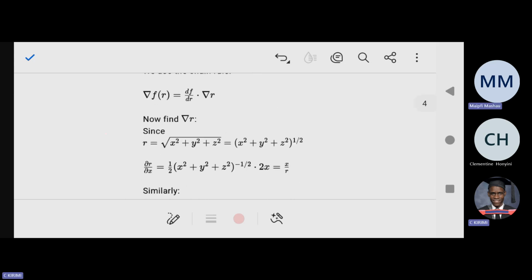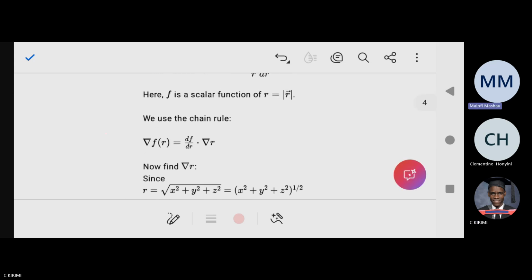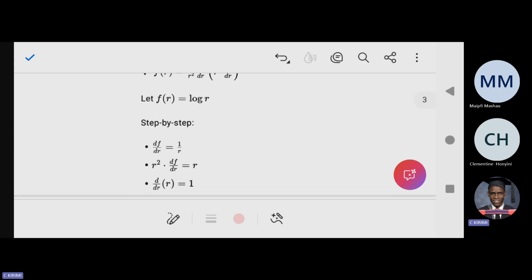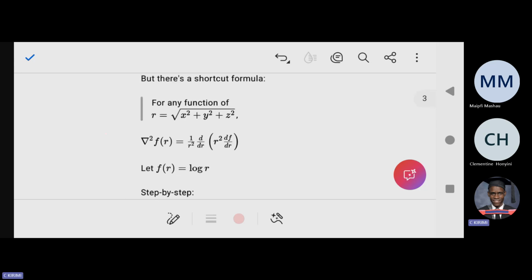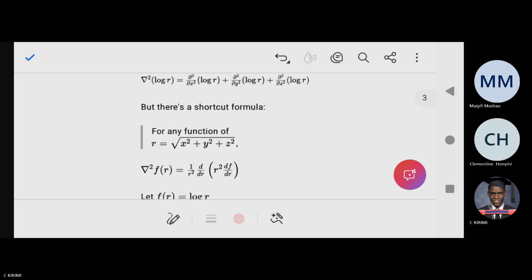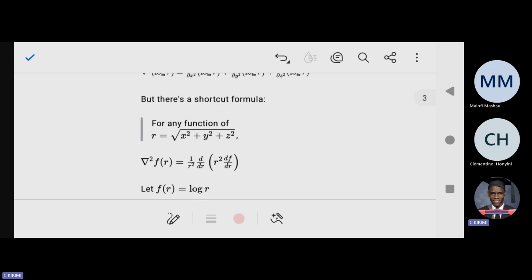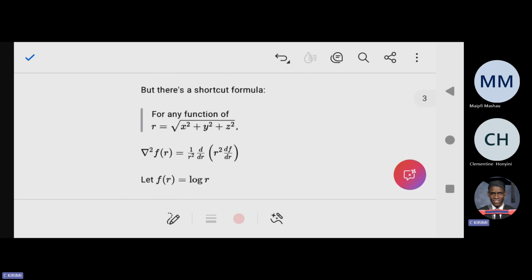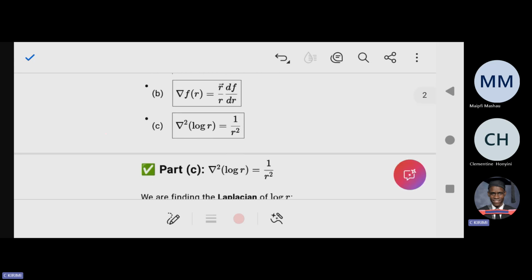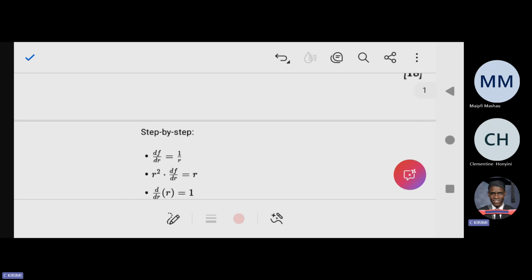So that delta sign means a second derivative. Yes, the del is the del operator, for example, here. Can you see? It means it's the second partial derivative. That's why it's del squared. Where is the partial derivative? That I can show you.